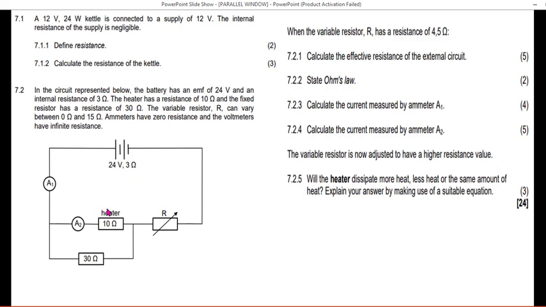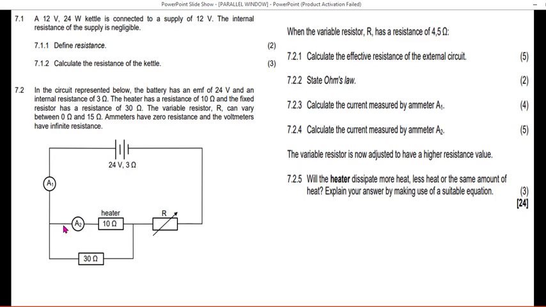Then we see a heater connected in parallel with a 30 ohm resistor, and there's an ammeter that reads the current going through the heater, and then we have another ammeter A1 which reads the current going through the battery, or the total current of the circuit.